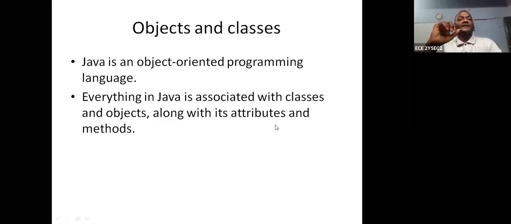These objects can accept parameters from the class. There is no fixed rule; you can create any object. But if you want to work on an object, you should first create a class.